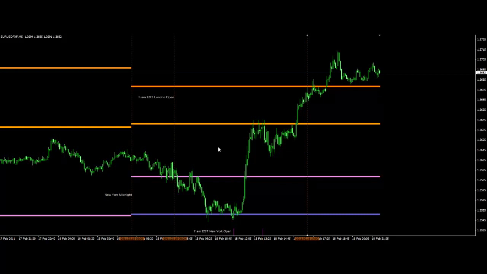Think of price as an elastic band, and the central pivot is the anchor point. If you stretch price up and away from the central pivot, at some point when there's no more momentum to pull the band higher, when that pressure is abated, it'll start to snap back, just like a rubber band would, to the point where it's anchored.